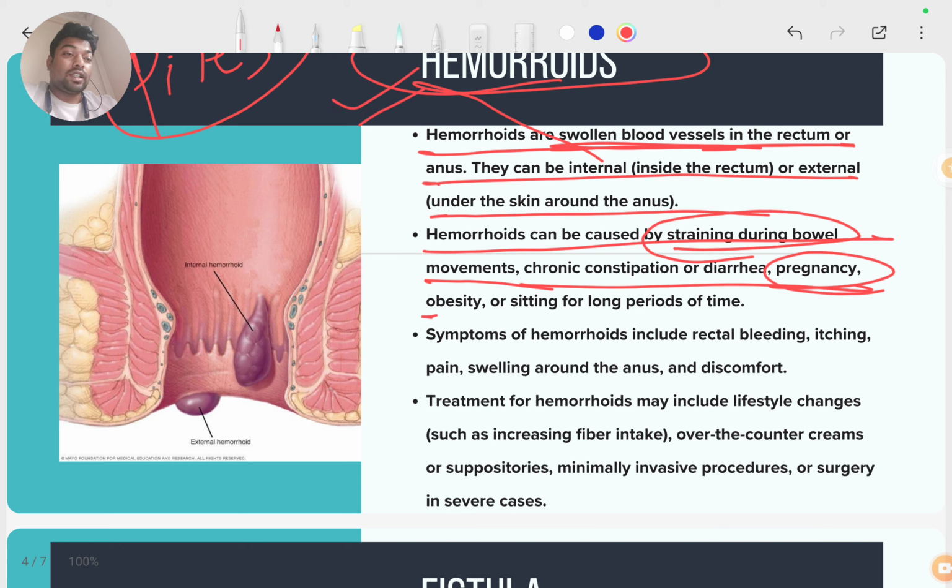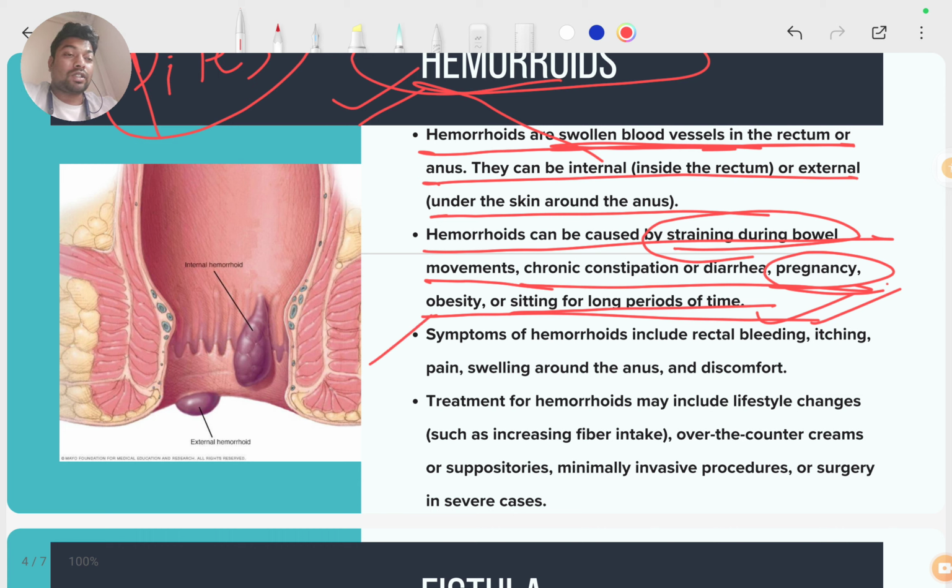Obesity also creates pressure inside the abdomen, and that leads to bulging of the blood vessels in the rectal area. Sitting for a long period of time is also a cause for hemorrhoids.